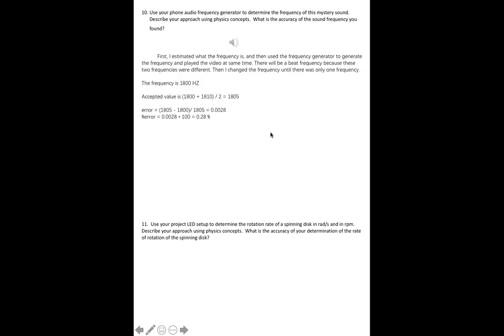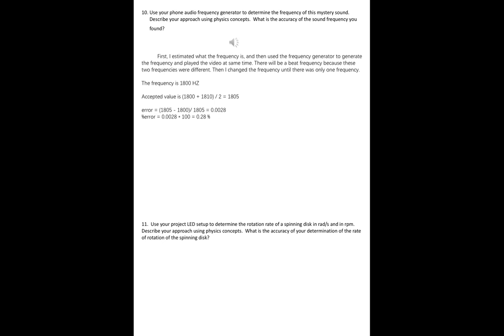And for question 10, first I estimate the frequency and then use the frequency generator to generate the frequency and play the video at the same time. There will be a beat frequency because these two frequencies are different. Then I changed the frequency until there was only one frequency.